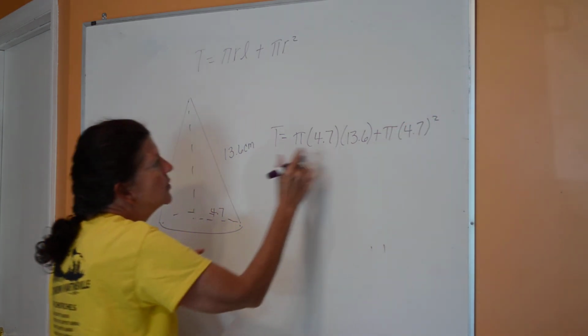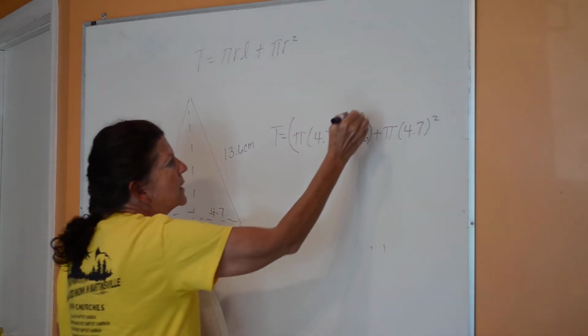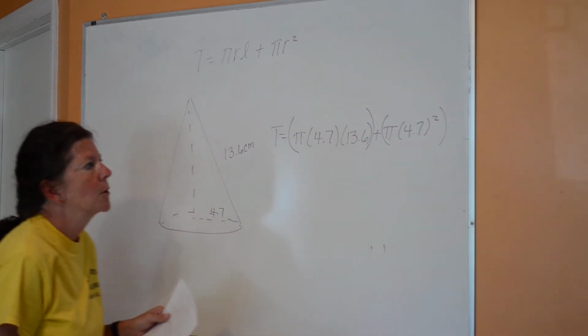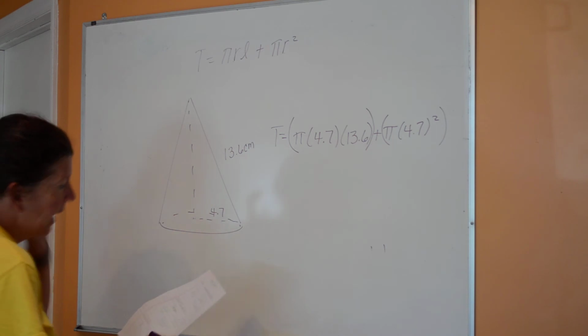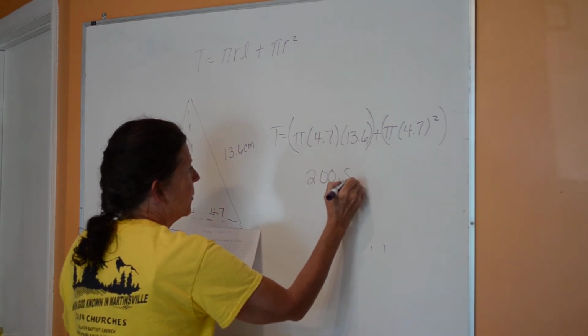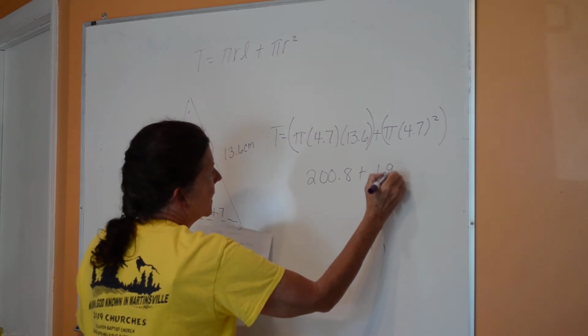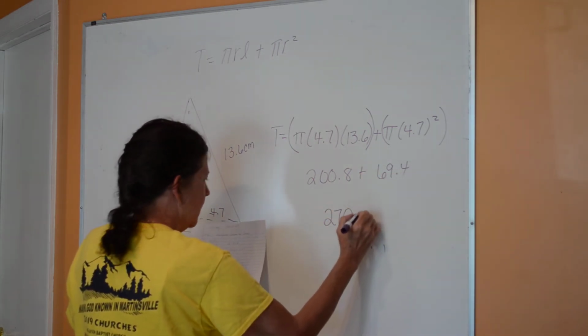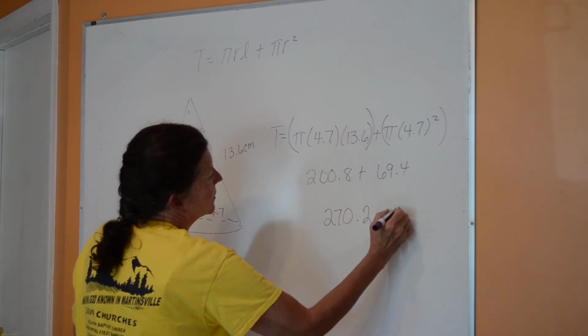Now you can put it into your calculator like that, but make sure you put a parenthesis here, and then a parenthesis around those. When you do that, this part of it is 200.8, and this is going to be 69.4, which gives me a total of 270.2 centimeters squared.